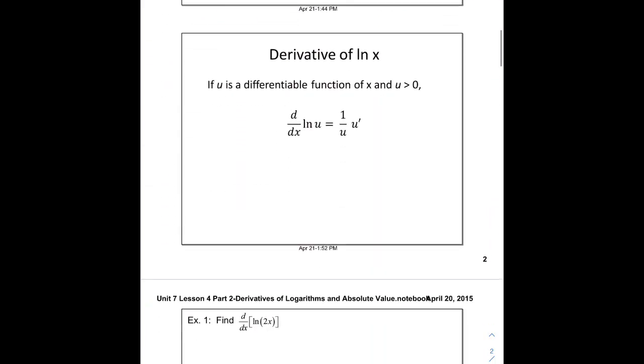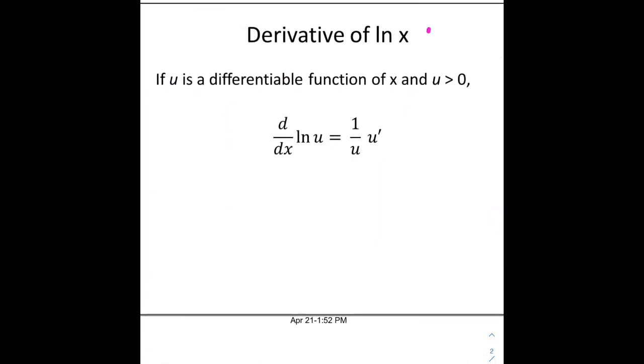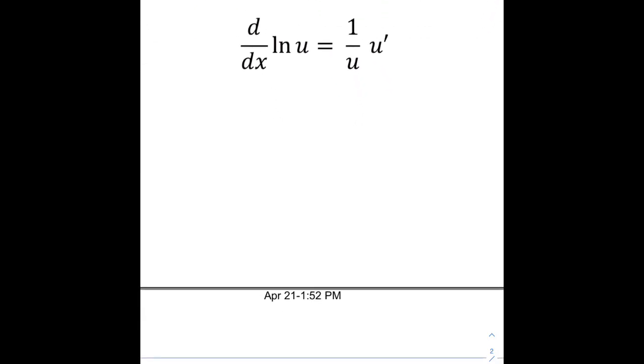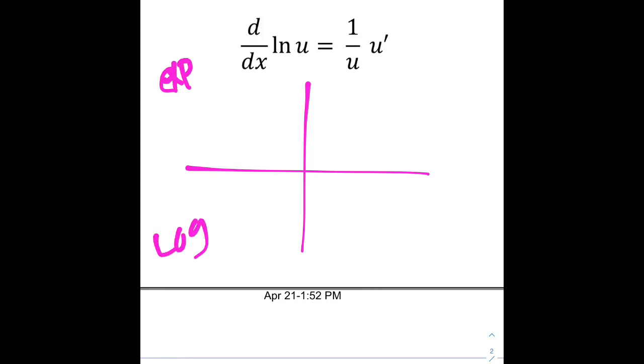All right, so your formal rule is written in terms of chain rule. The derivative of the natural log of u is u prime over u. This is how I always remember my derivative rules. We have exponentials and we have logs. When I want to take the derivative of e to the u, it's just itself times u prime.